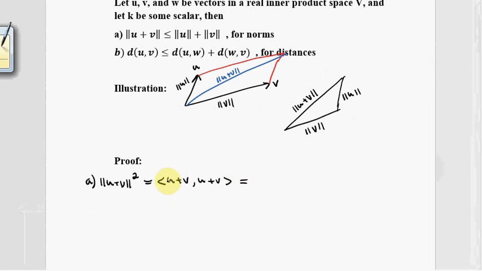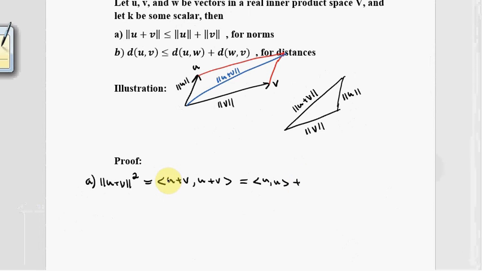So this becomes the inner product of u with u, plus the inner product of u and v, then also the inner product of v and u. You add those together because we said that the inner products commute, right? So that's going to be plus 2 times the inner product of u and v. Is that fine? Do you see what I'm saying?